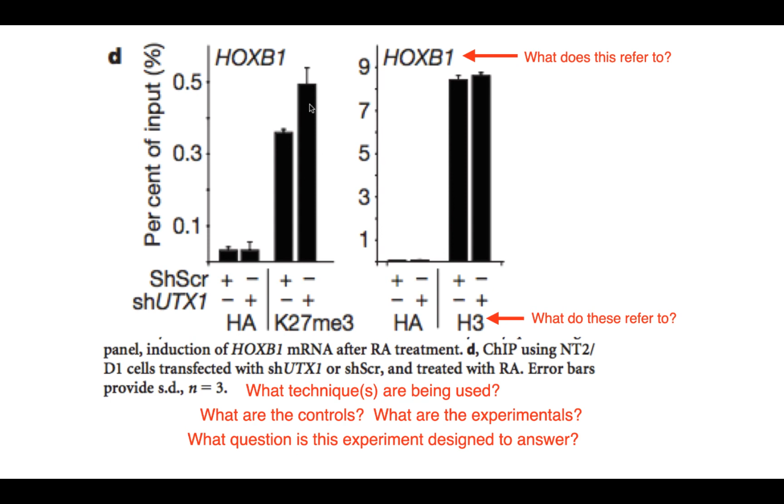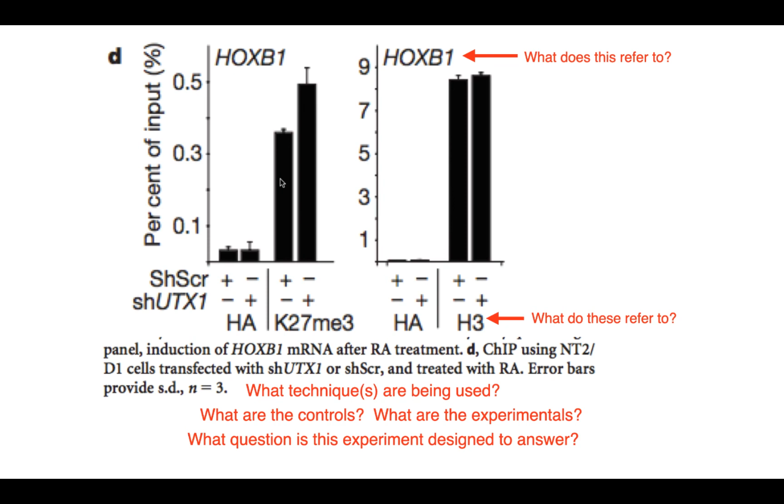But when you allow the UTX protein to be made by not having the microRNA that targets UTX, which means we have lots of UTX protein there, now we have a lot of demethylation. We have less trimethylation, which supports the idea that the demethylation of K27 of histone H3 is indeed coming from UTX.